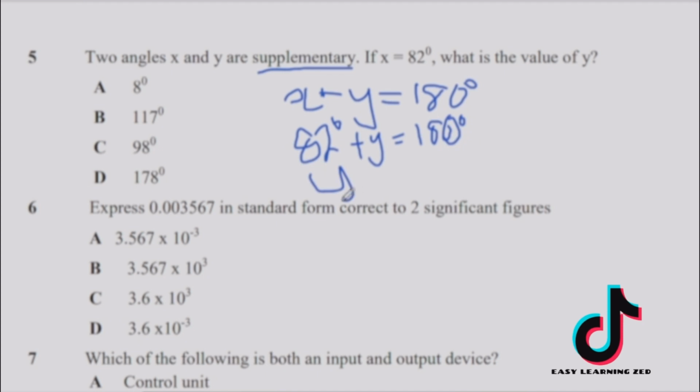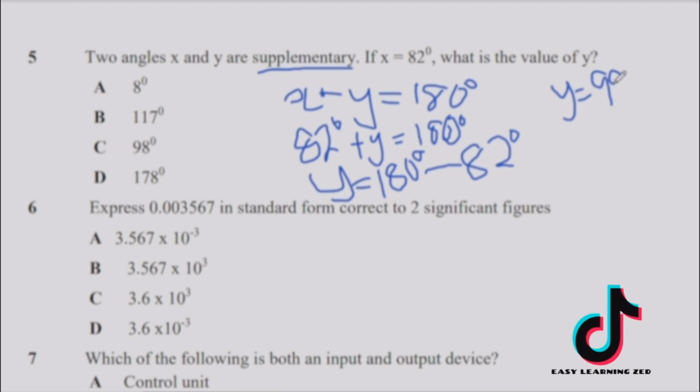That means we're going to have y is equal to 180 degrees. Then this 82 will cross the equal sign and become minus 82 degrees, which will give us y is equal to 180 degrees minus 82 degrees, which gives 98.